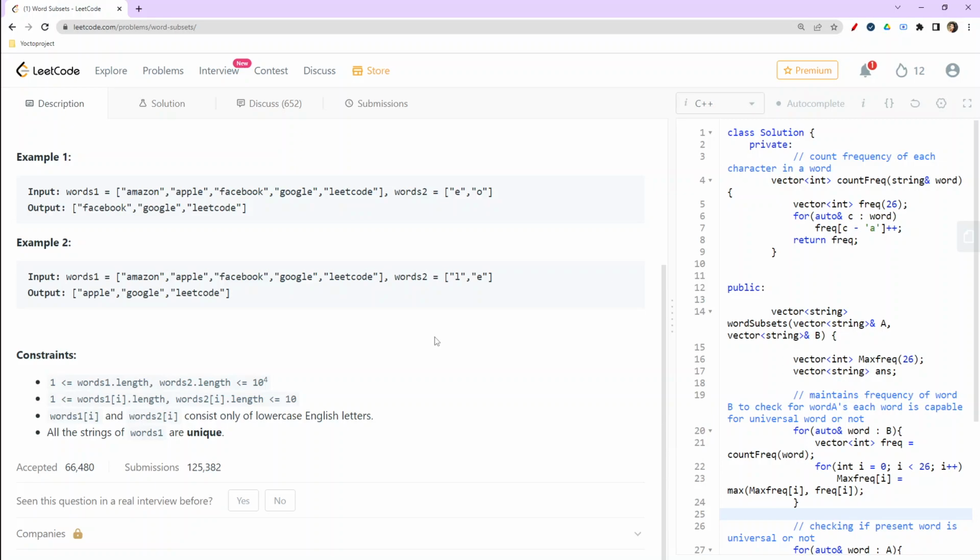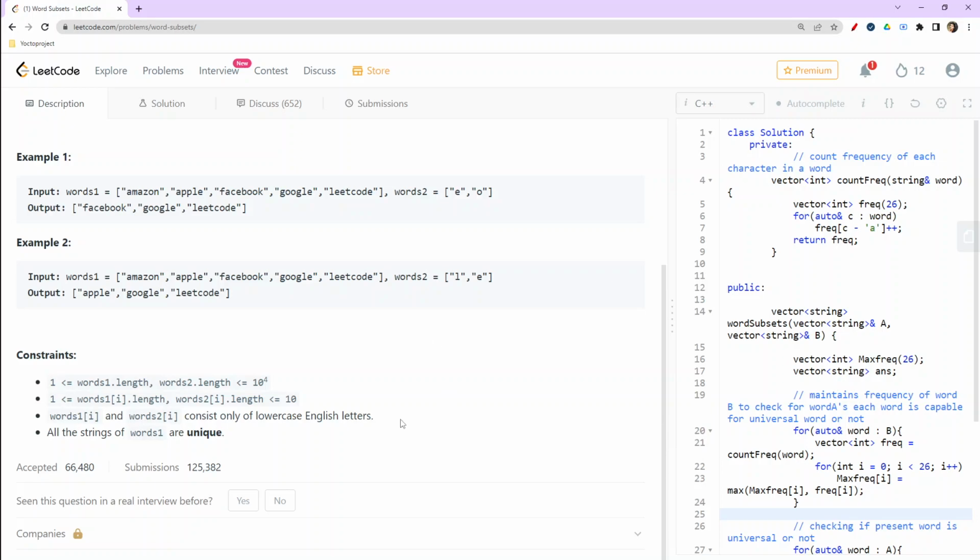So we need a solution in the order of n into L. And all the strings of words 1 are unique, so there won't be any duplicates, and we don't need to keep a check for the same.